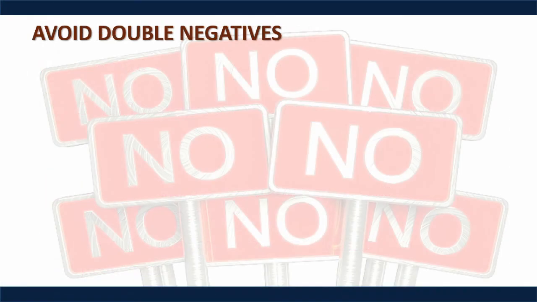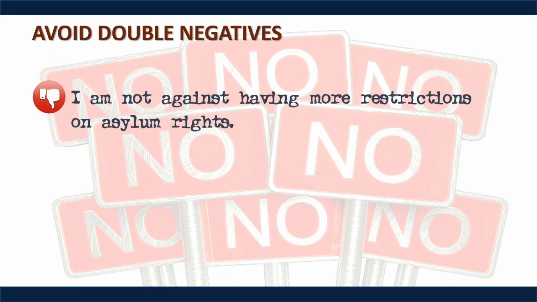The next guideline is to avoid double negatives in items. Like in practices of good writing, we avoid double negatives because they serve to confuse the reader by obscuring the meaning of the statement. Here's an example. A bad item would be, "I am not against having more restrictions on asylum rights." The problem here is, of course, the double negative at the beginning of the sentence, "not against."